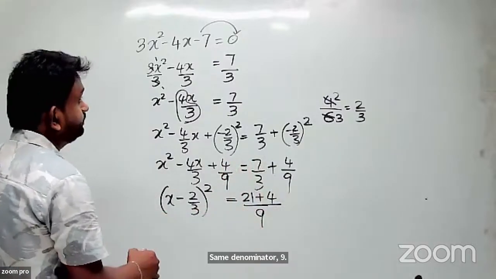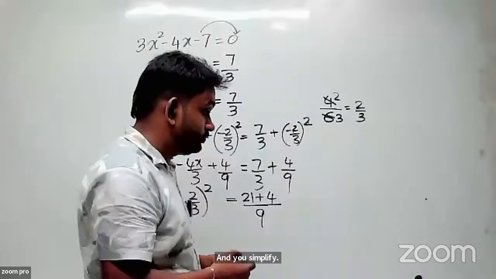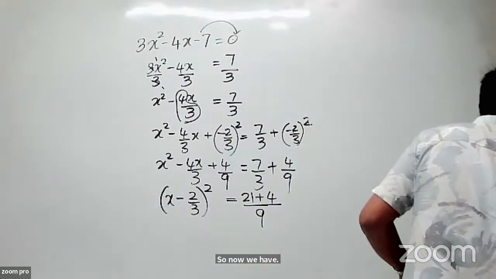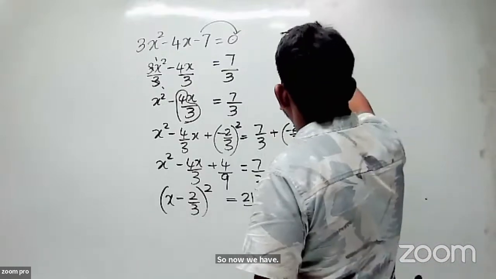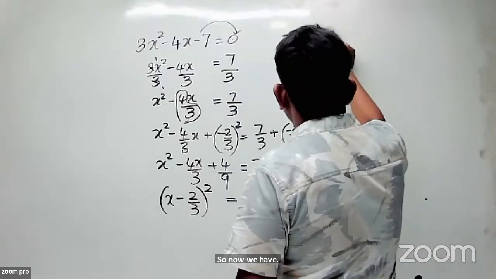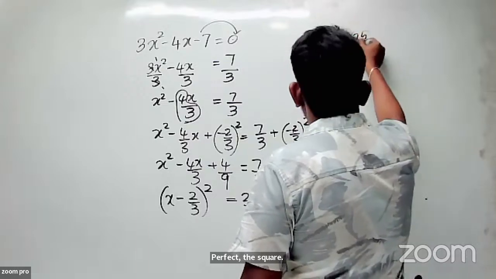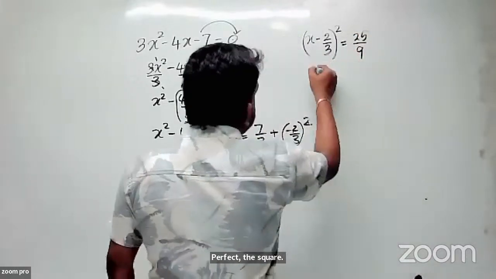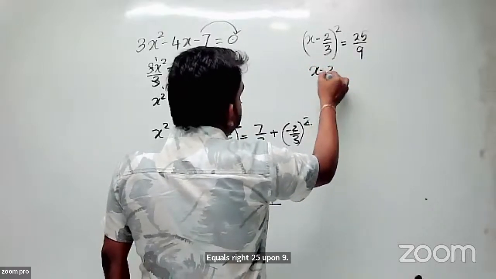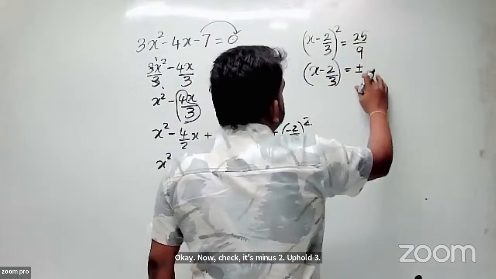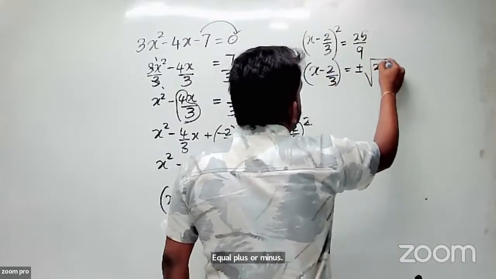So now we have x minus 2 upon 3 perfect square equals 25 upon 9. Now x minus 2 upon 3 equals plus or minus square root of 25 upon 9.